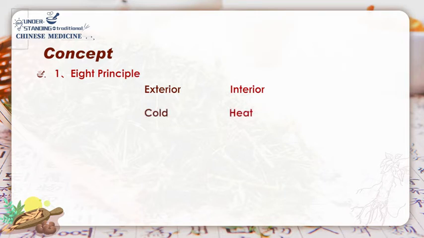Cold and heat, deficiency and excess are the basic principles used to understand the nature and situation of a disease. Yin and Yang are used to tell the overall category of a disease and serve as the general guiding principle among the 8 principles, which generalize the 6 principles of exterior and interior, cold and heat, and deficiency and excess.